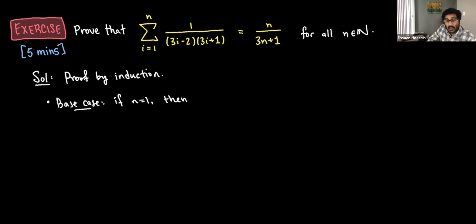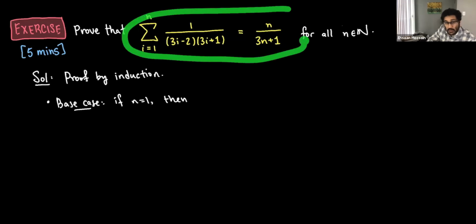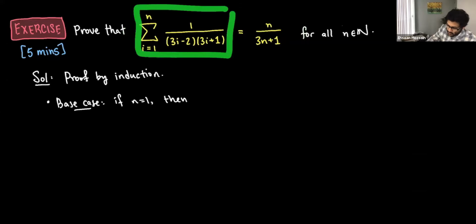let's just check. How do I check this statement for n equals 1? This equation. I circled two things, but I should have circled this whole thing. I just plug n equals 1 into this equation. What I should do is check the left-hand side and check the right-hand side, right?